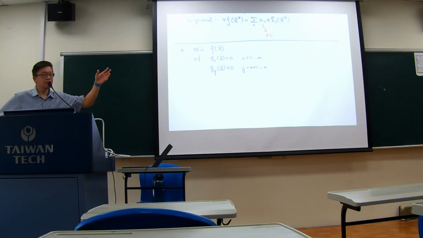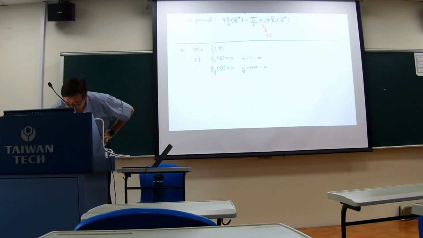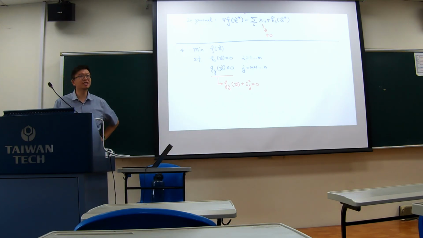There is a trick to convert an inequality constraint to an equality constraint. So what is the trick? We can introduce slack variables.